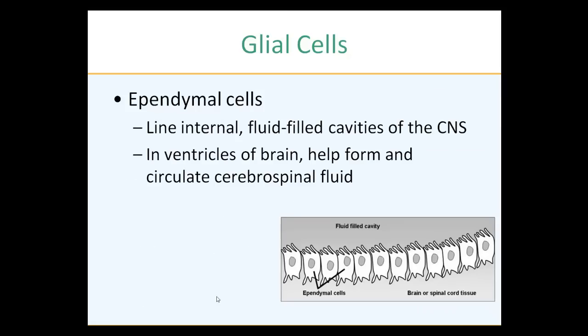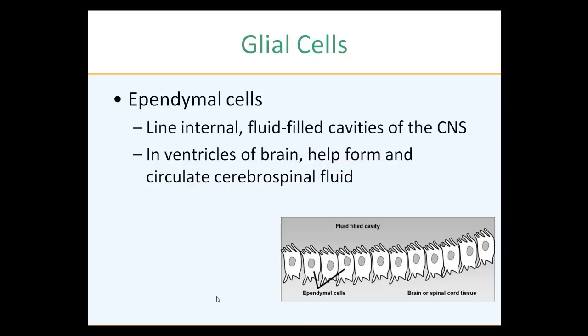Now the final member of these glial cells are the ependymal cells, and they line cavities inside your CNS. We call that the ventricles. We have 2 lateral ventricles, and then we have the 3rd and 4th ventricles of the brain. Now in the ventricles, they help formation and circulating the cerebrospinal fluid.